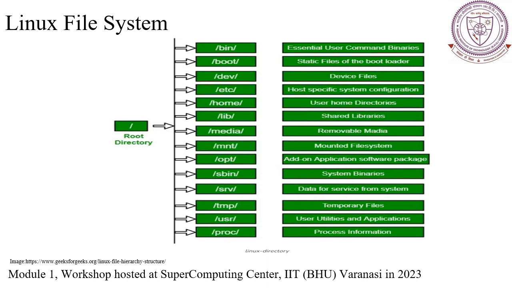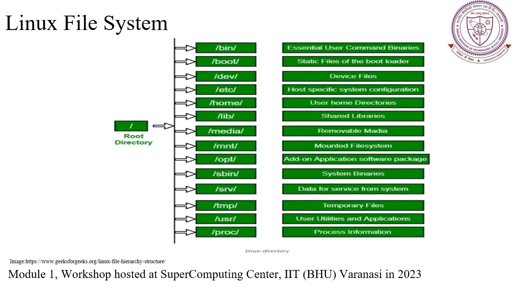Slash lib is the directory where the libraries for the binaries in the slash bin directory are stored. For example, when you go under this directory, you will see some files with names like lib.so. Then slash media is used for removable media.